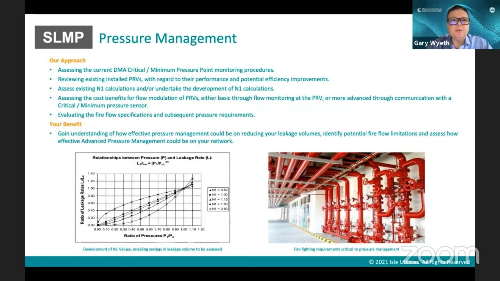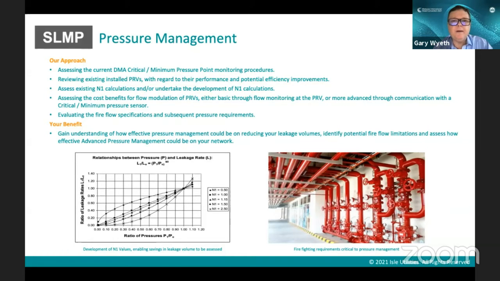So sometimes you can reduce pressure by 10% and leakage volume will reduce by 15 or even 20%. So getting that N1 calculation right is critical for you to be able to do your cost-benefit analysis for doing pressure management programs.